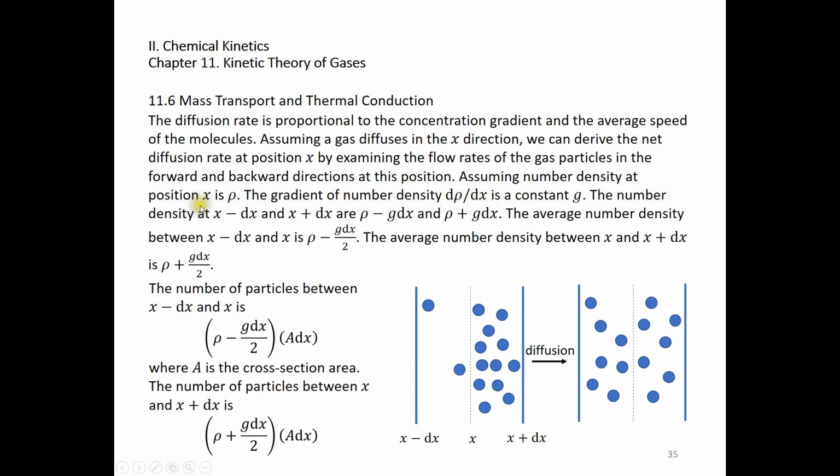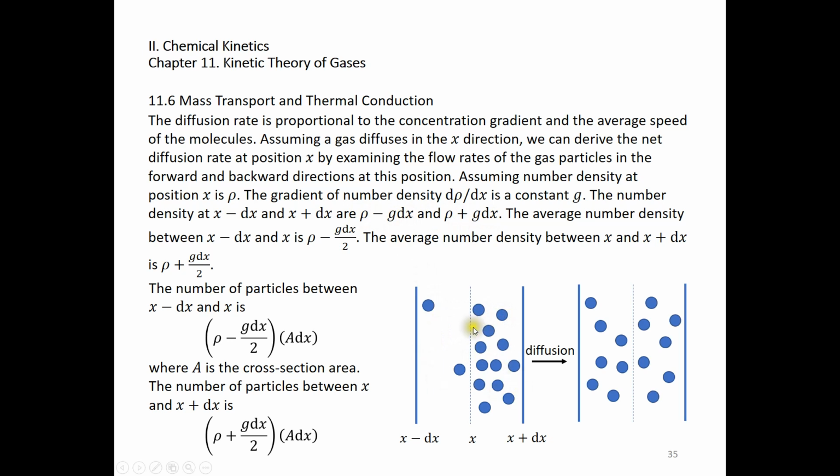Therefore, the number density at x minus dx is going to be rho minus g dx. The number density at x plus dx is going to be rho plus g dx. So we have different density on the left and on the right.